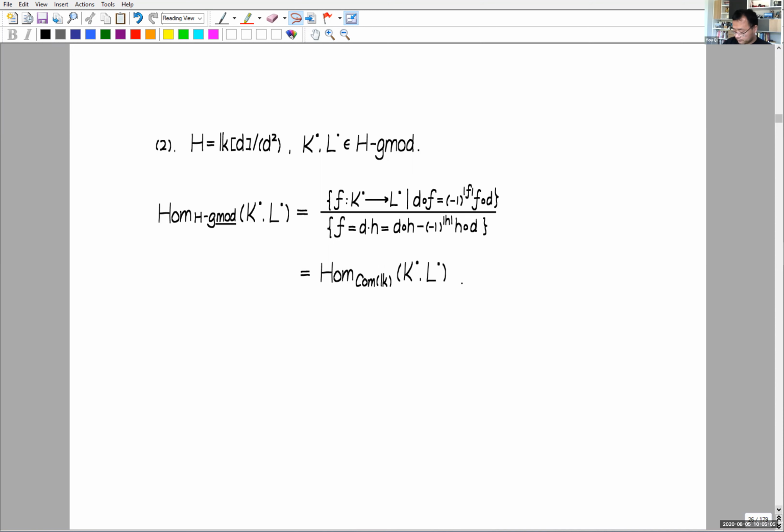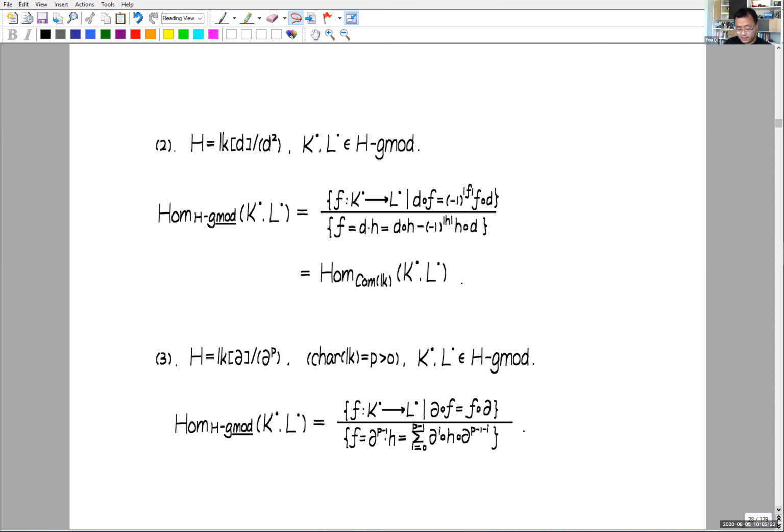And for the third example we have been focusing on, H equals K[∂]/∂^p over a field of characteristic p. Whenever you are given two graded modules, we measure how big the morphism space is in the stable category.